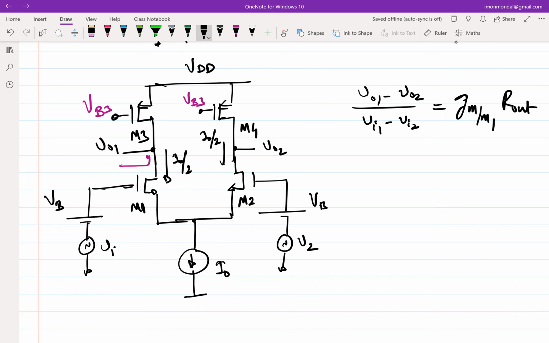We'll have to figure that out. But it will be some GM times R out, and definitely we think this R out will be much more than RD for a finite voltage, simply because in order to bias this, you are not consuming too much headroom. If you had used a resistor for a finite VDD, you can only have so much resistance.